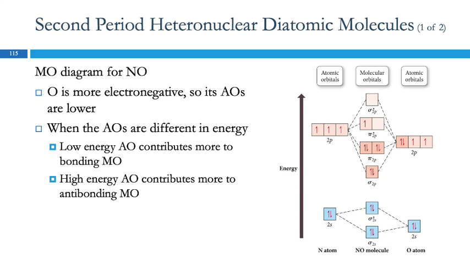You're not expected to know that, I'm just telling you. These are lower in energy than those. So when these combine, they're not going to contribute equally to both of these. So this one contributes more to the bonding, and this one contributes more to the anti-bonding. And so, this is kind of staggered up a little bit, but we're ending up with the same thing in the middle.